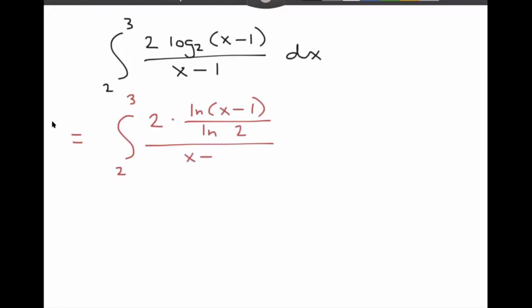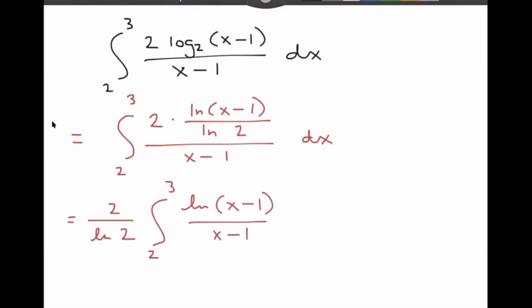And then here's x minus 1. All right. So now if we wanted to, we could pull that 2 over natural log 2 out front. Why not? Makes it look a little nicer. So then we're just left with natural log x minus 1 over x minus 1.